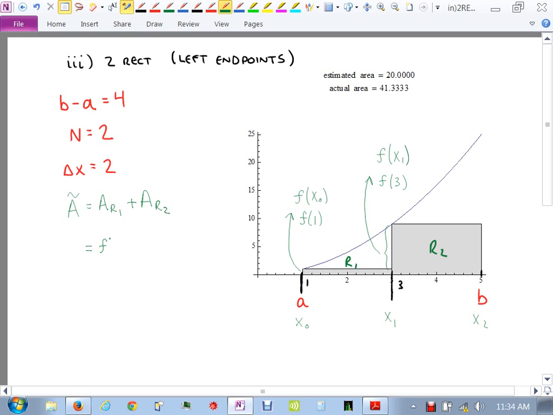So it's F of 1 times delta x, which is 2, plus the area of rectangle 2, F of 3 times delta x, which is 2. I'm doing it all in one line here. What's F of 1? 1, so 1 times 2 is 2, plus F of 3 is 9, times 2 is 18. So our estimate is 20, and that matches with what the computer got for that.